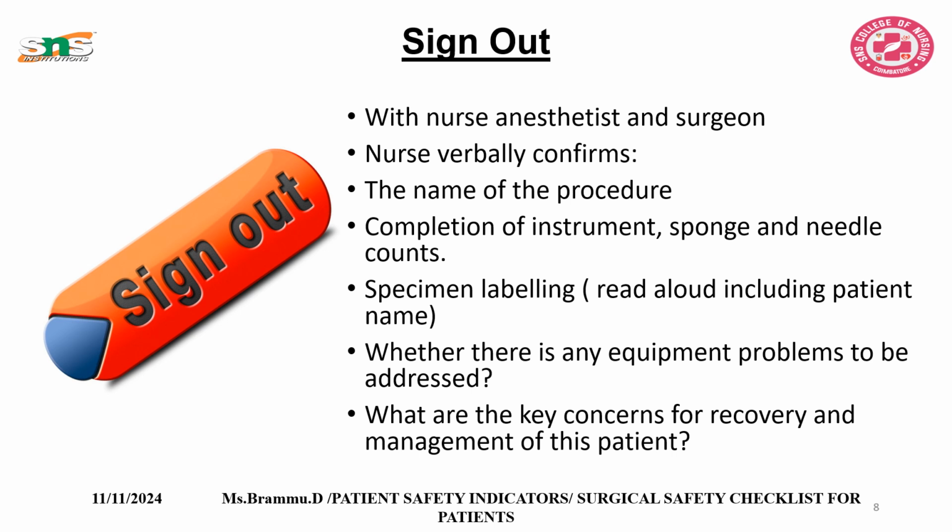And the sponge count, which can be Gamgee pads or gauze pads, and then the needle counts. Then the specimen labeling must be done very clearly and loudly, including the patient name, if any specimen is taken for sample. Any equipment problems are to be addressed, and any key concerns for recovery and management of the patient.